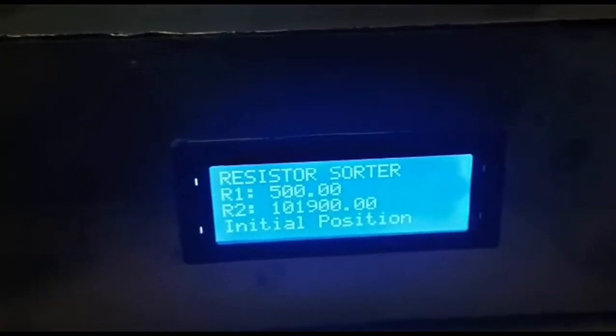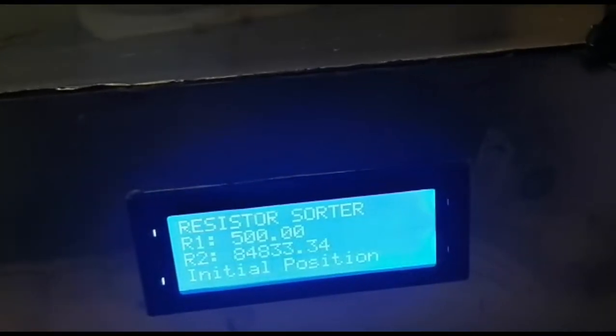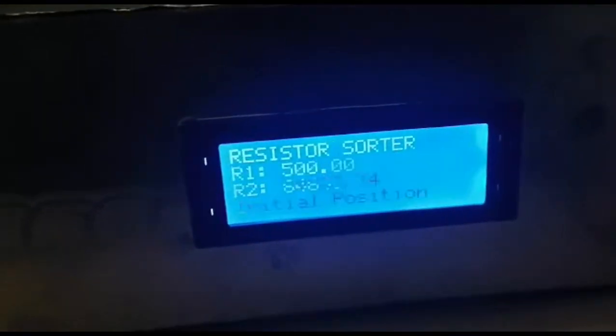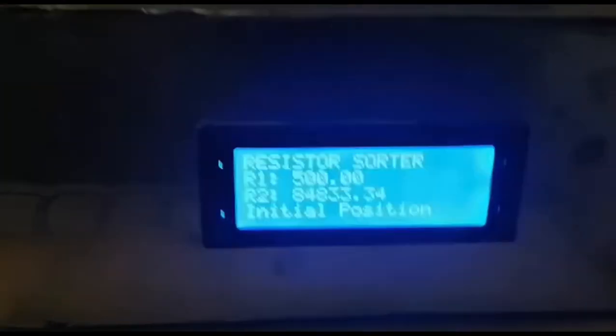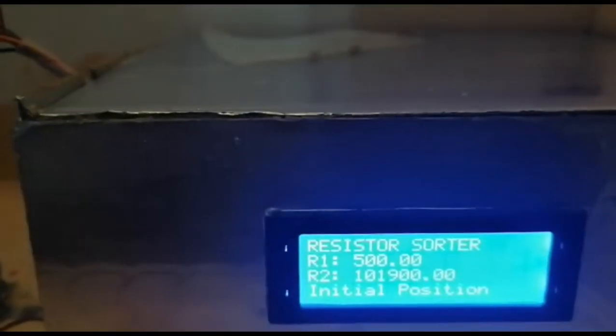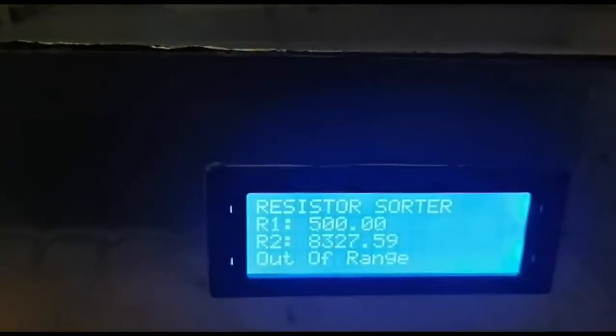For the next one, this is around 6.7 kilo ohm, out of range. And the last one is the 10 kilo ohm resistor, out of range also.